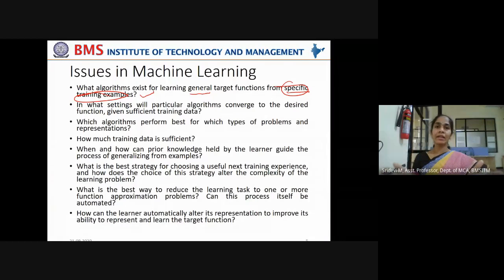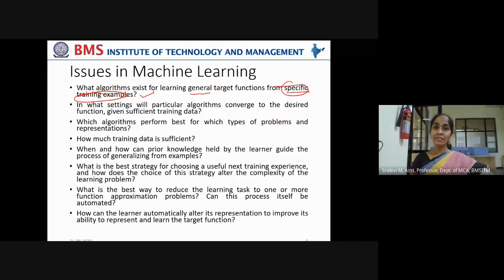So I studied 1 million students in India, and I made a general hypothesis that Indian students are very dedicated and innovative. I made a statement like this. How did I make a statement like that? By learning from 1 million student data. So that is my target function.